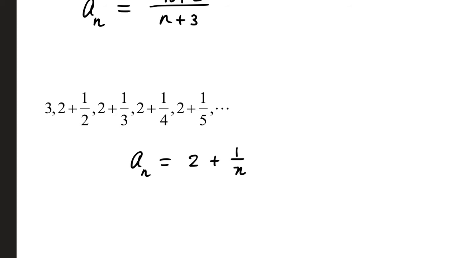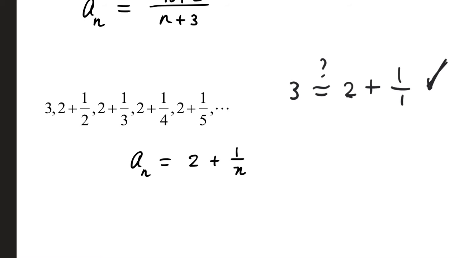This number 3 out front, could we write 3 as 2 plus 1 over 1? Does that equal 3? It does. So we can make the claim that our nth term is 2 plus 1 over n.